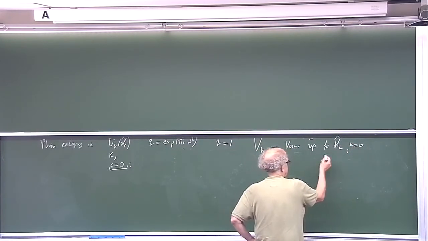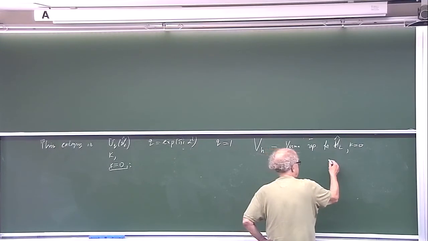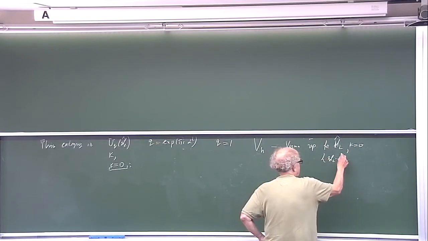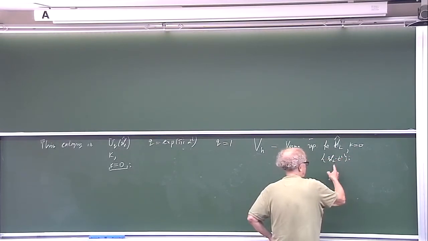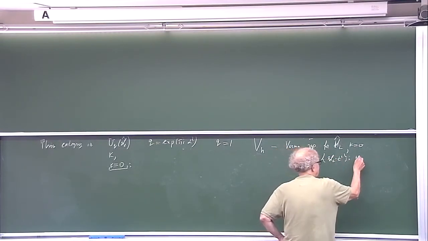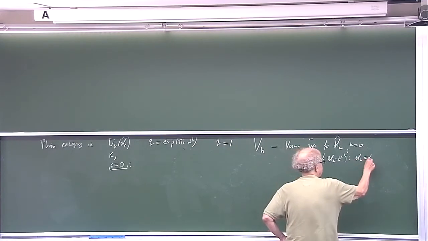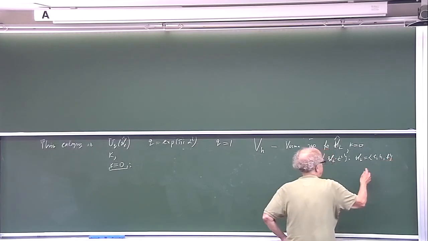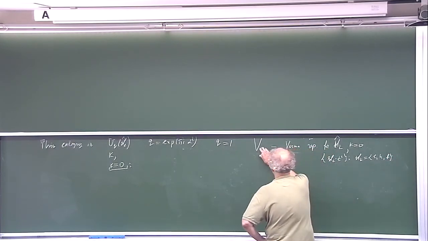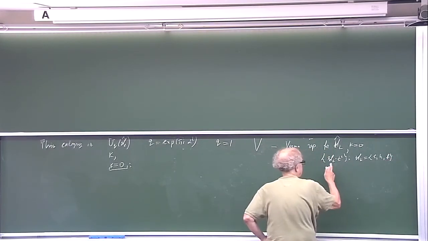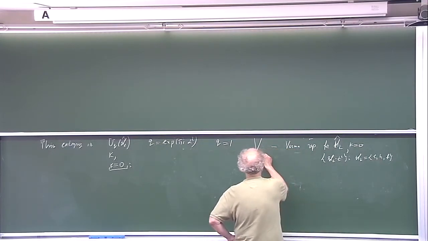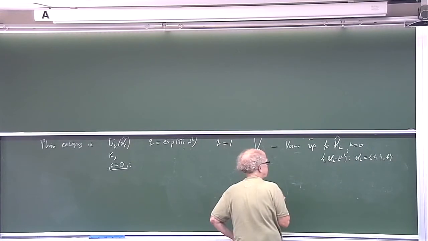Now sl2 hat has basis sl2 times t to the i, and in sl2 we have E, H, and F. Anyway, let us use some other number, say beta here.